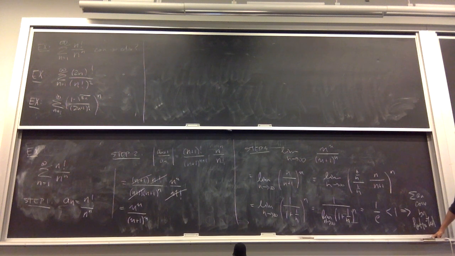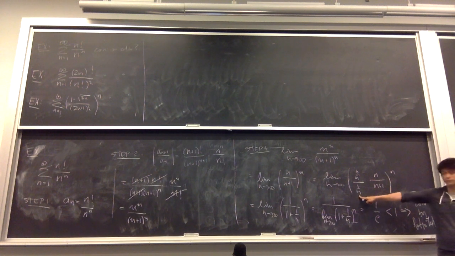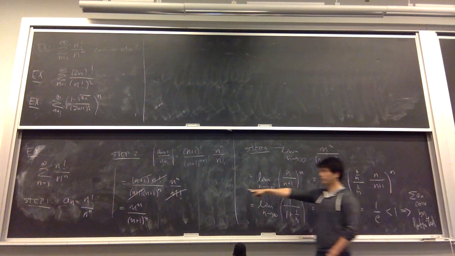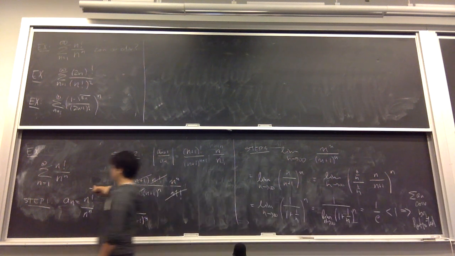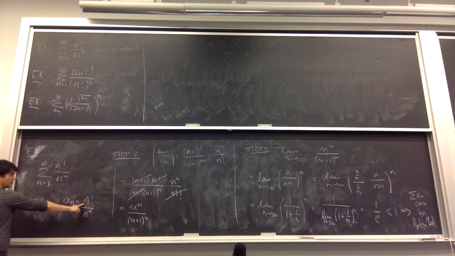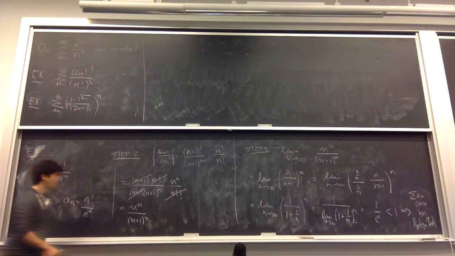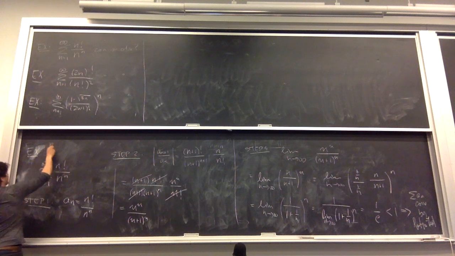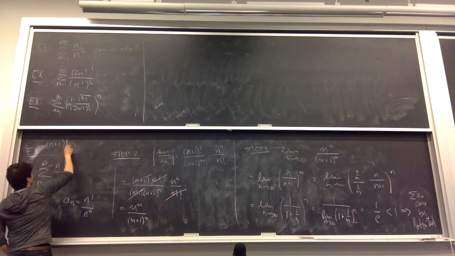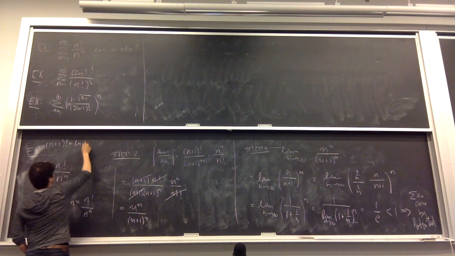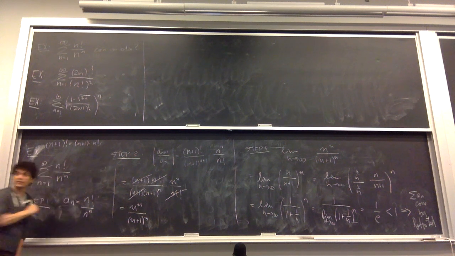Yes? In the beginning, where did you get that? Which one, the n factorial? You changed the n plus 1 factorial. Right, n plus 1 factorial, by definition, is n plus 1 times n factorial.